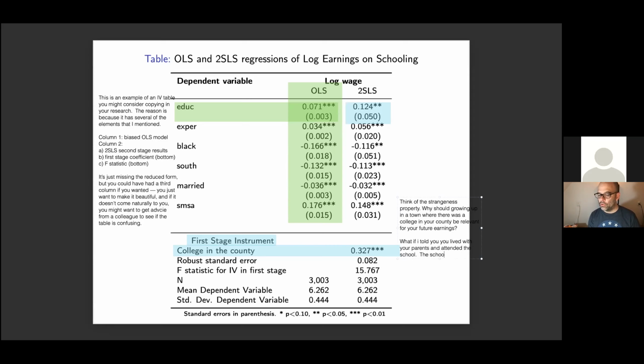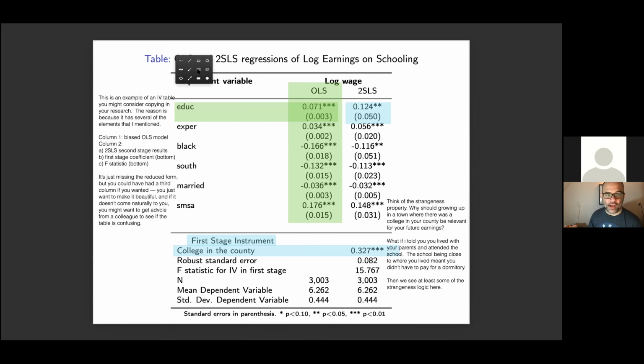The school being close to where you lived meant you didn't have to pay for a dormitory. Then we see at least some of the exogeneity logic here. Okay. So I got the college in the county, and then I've got the F statistic here.